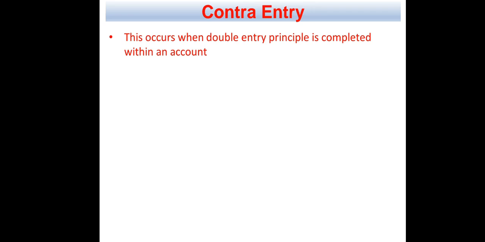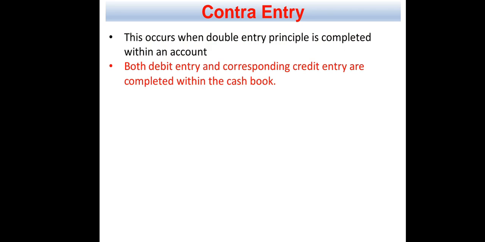So in this case, the bank is giving money out, we will credit the bank. The cash is receiving money, we will debit the cash. So the two are completed within the cash book. That is, both the debit entry and the corresponding credit entry are completed within the cash book.